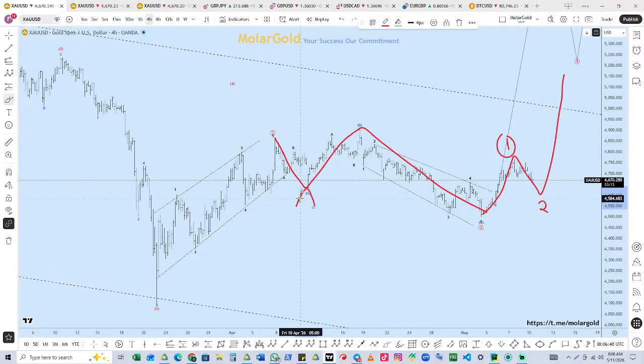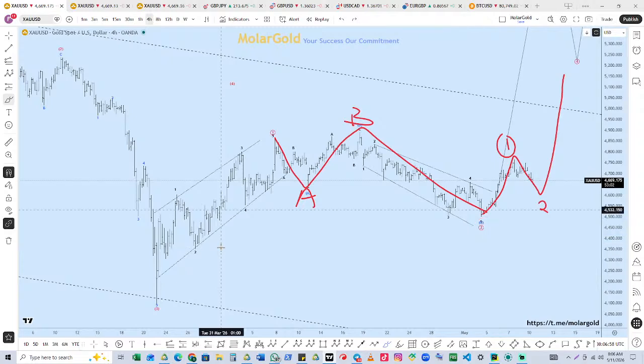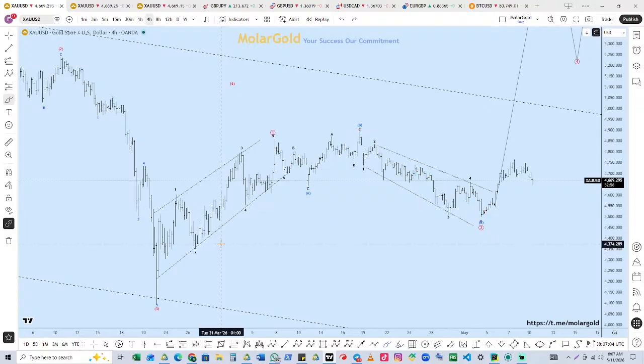This is our A, that is our B, and this is our C. And this started with a diagonal. So now that price has started this way, it means that we have 2 things to play out right now.